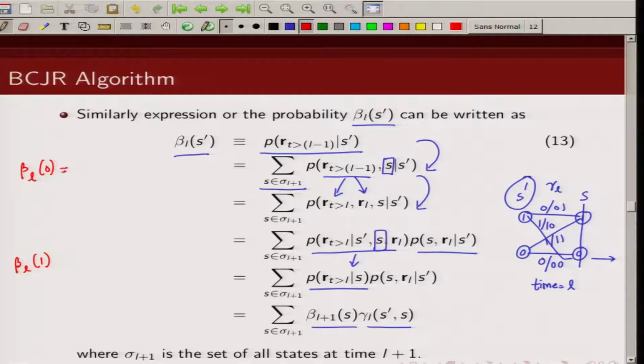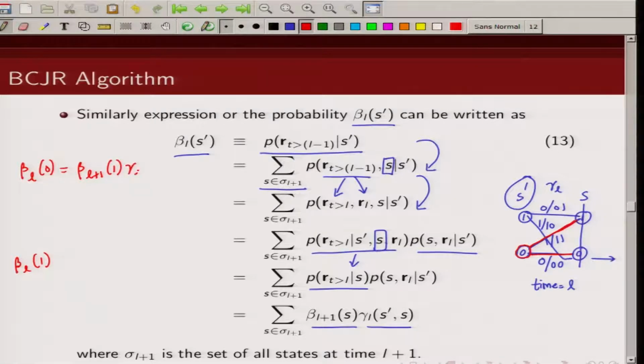So, beta L at state 0 is the sum over all those transitions which are ending at this state. There are two transitions, one is this one, another is this one.